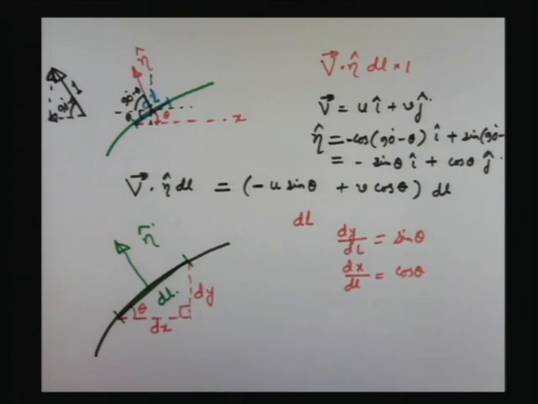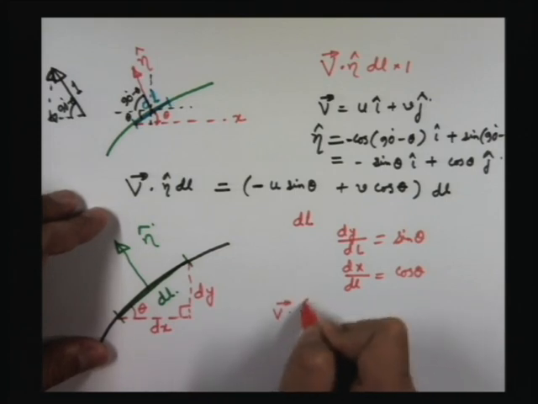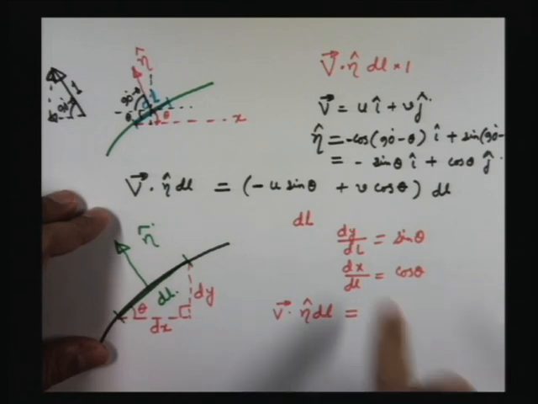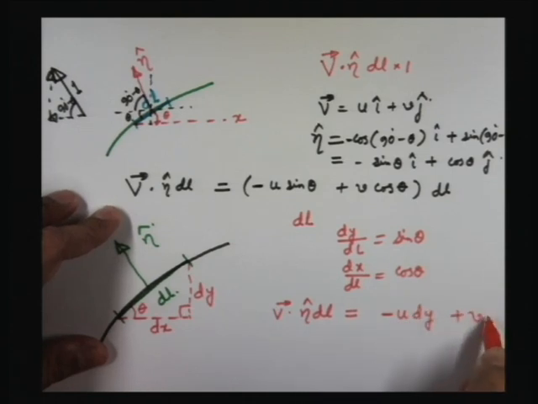Okay. That means V dot eta dl, in place of dl sin theta you can write dy, so minus u dy plus v dx, dl cos theta is dx.